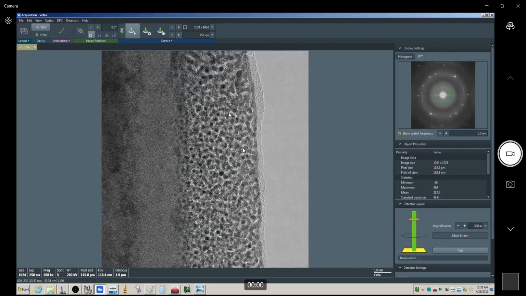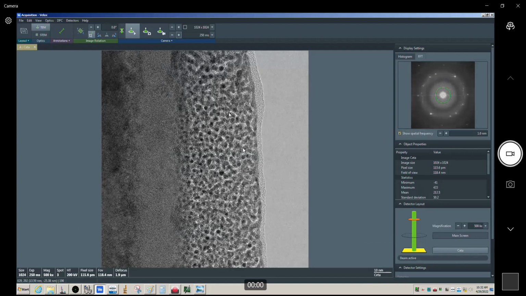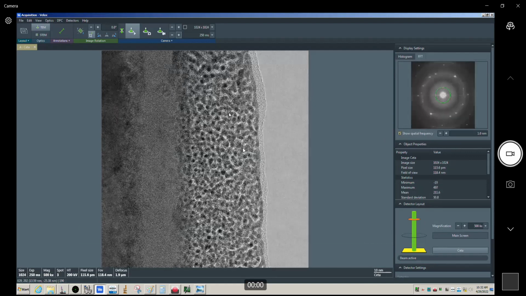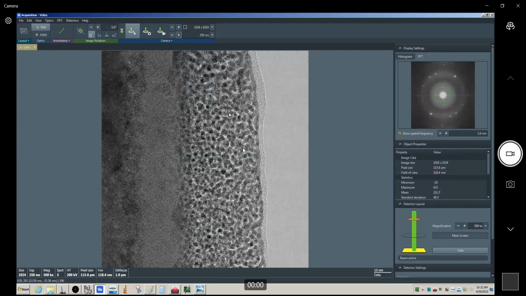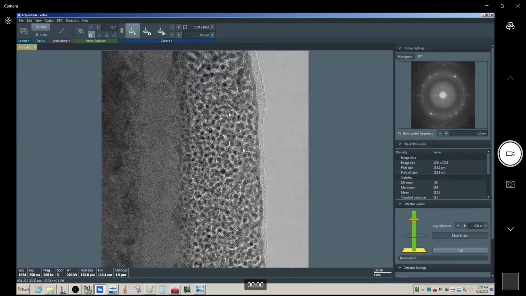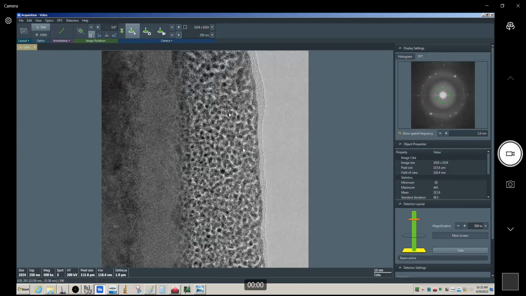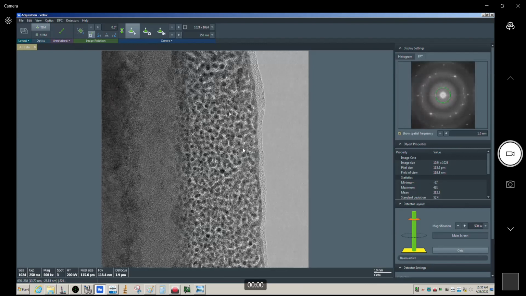None. Okay, so when you're acquiring a high-res image like this, you want to be on the side of under focus. The way to tell which side of focus you're on, over or under, is how the rings either expand or contract depending on which way you're turning the focus knob. I can tell right now I'm under focused just by looking at the picture. But if I want to rigorously prove that, I have this diffuse dark ring right here.